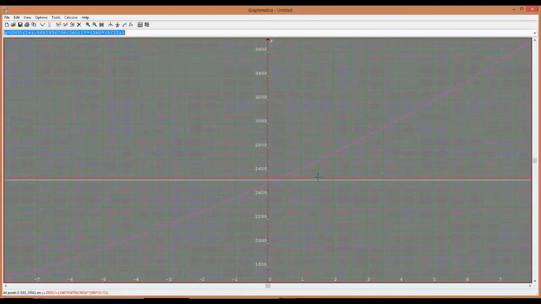Now that we have those two y values, we can subtract them, and the difference is how much money you made. This was basically the same as the algebra, except the graphing utility worked it out for us.